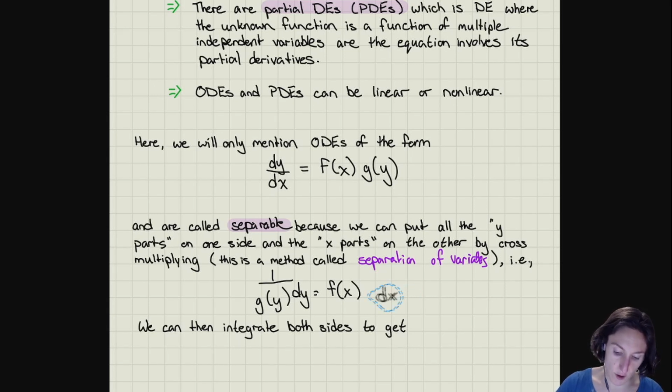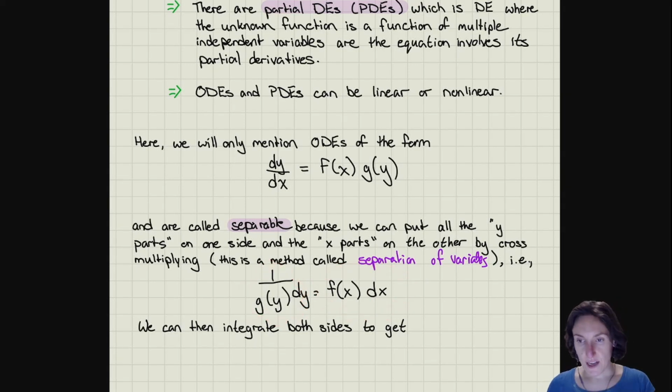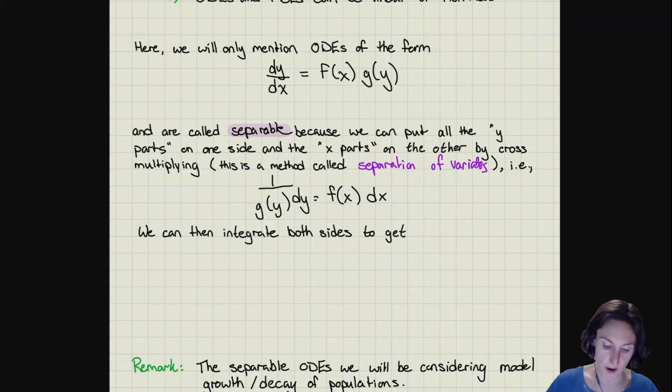Now I have all of my x's on the right, and all of my y's on the left. And then what we do is we integrate both of these sides. On the left side, I have 1 over g of y dy is equal to f of x dx.